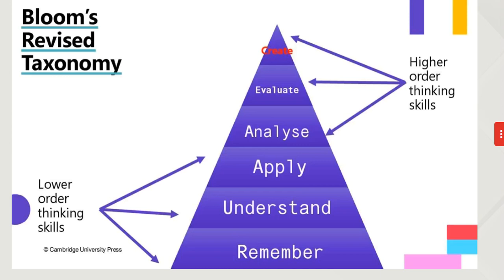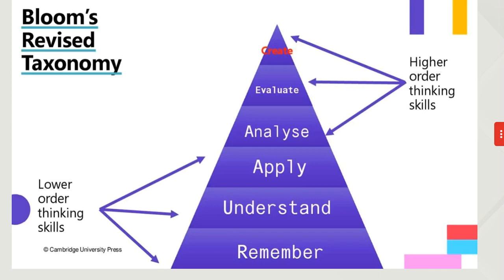These are simpler skills, and towards the top it works up towards more complex. So although the model is hierarchical, going from simpler to more complex skills, all of the skills are important. Yes, I can see some of you are very familiar as well with Bloom's revised taxonomy.